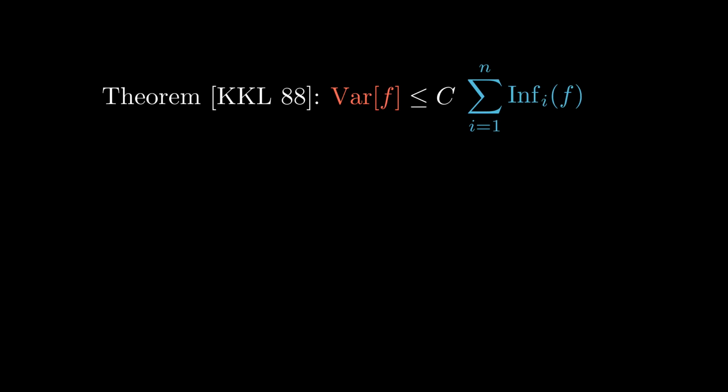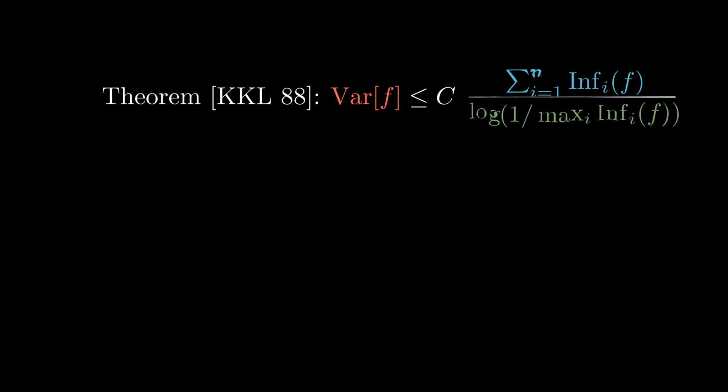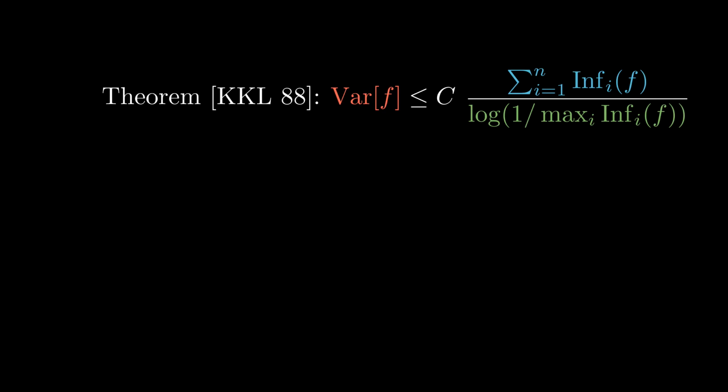They showed that the variance is smaller than not just the total influence, but in fact it's smaller than the total influence divided by the log of 1 over the maximum influence. The KKL theorem already extends Poincaré's inequality to cases where the sum of influences tends to infinity with n, albeit slowly enough. This is a tremendous improvement, as many important functions have unbounded total influence.